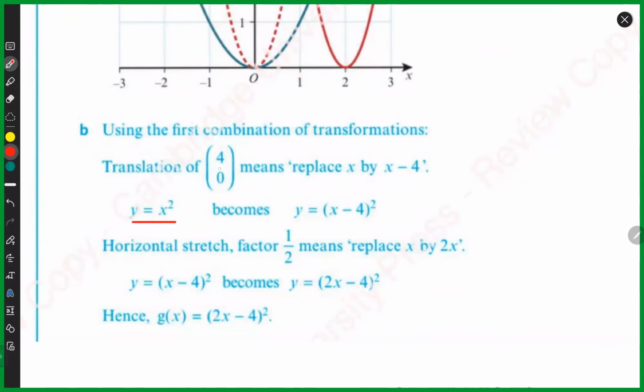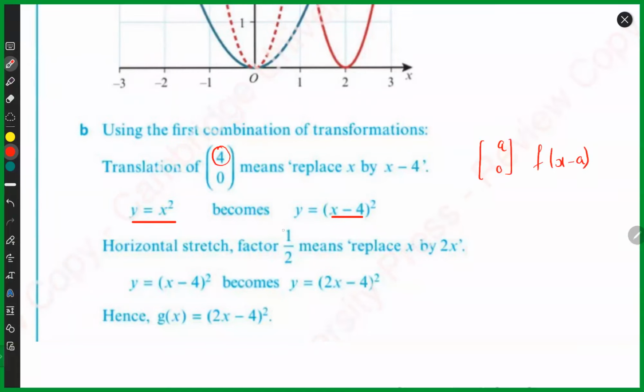So we are going to subtract 4 from x. You guys should know by now things are the other way around when it is about x, okay? The rule was that if it was a and 0, this meant it would be f of x minus a. So same has happened. It is x minus 4, okay?